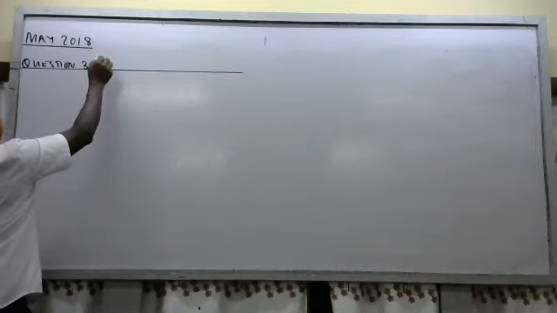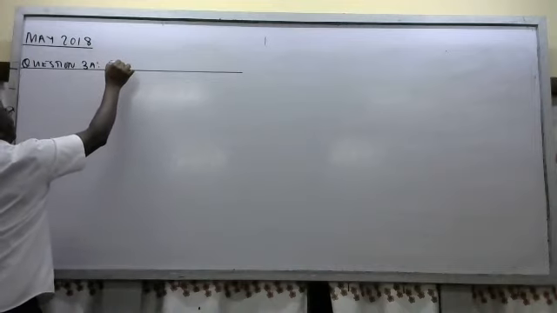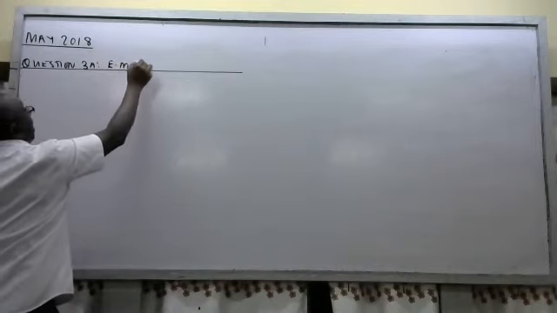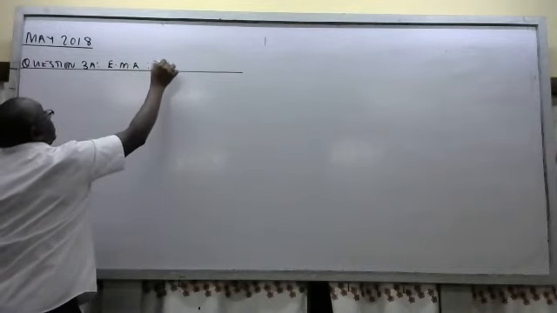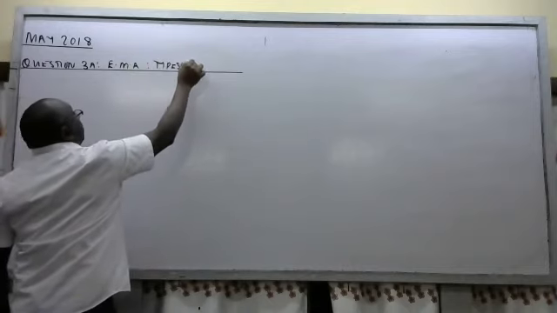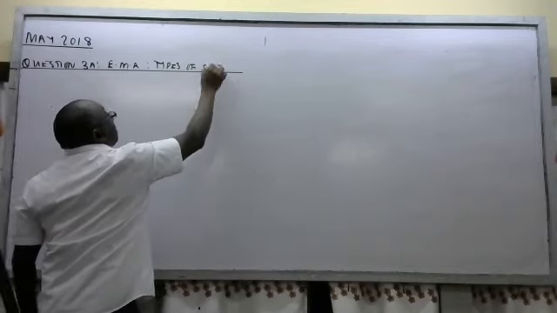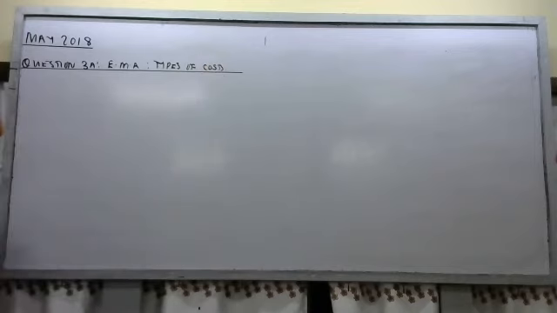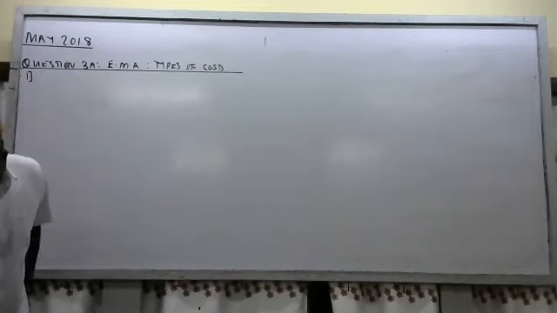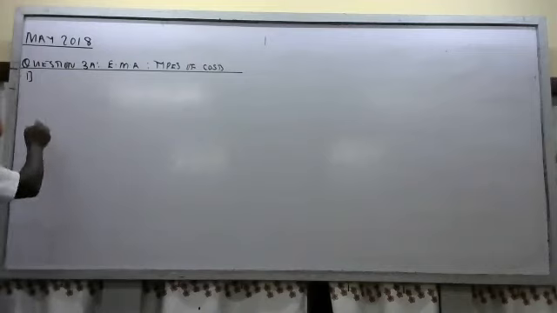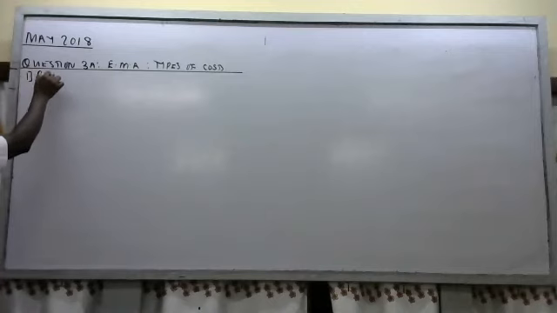This one is from EMA, Environmental Management Accounting, and specifically is types of costs. Because we said during the lesson, I just highlight, you go and get some more information. So some costs that you need to highlight, one is what we call prevention costs.